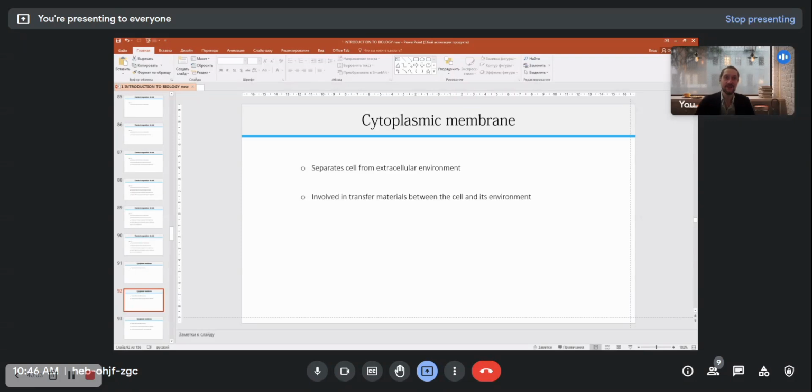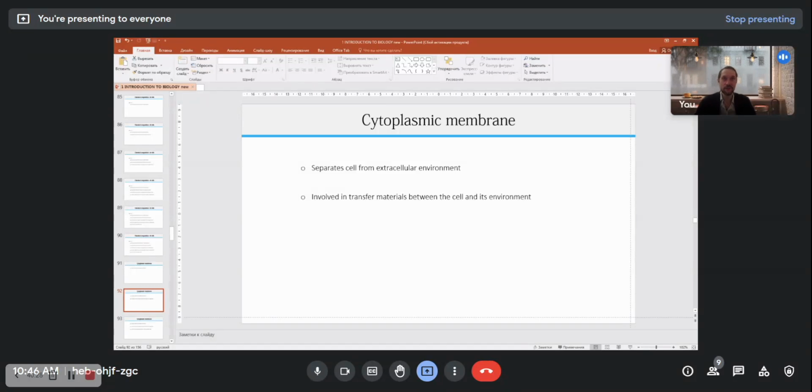But in order to run a lot of processes inside of the cell, it constantly needs to acquire additional energy and additional structural materials from extracellular space, and at the same time, the cell has to release some compounds from inside to the outside.